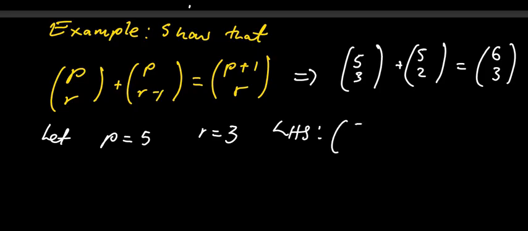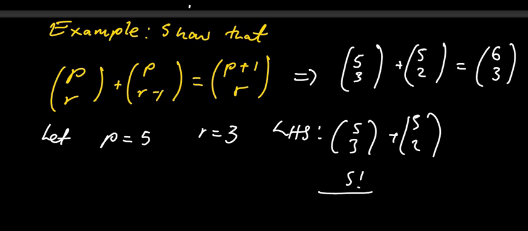The left is 5 choose 3 plus 5 choose 2. If you solve, not over, but just the normal way, this is going to be 5 factorial over 2 factorial and 3 factorial plus 5 factorial over 3 factorial and 2 factorial.